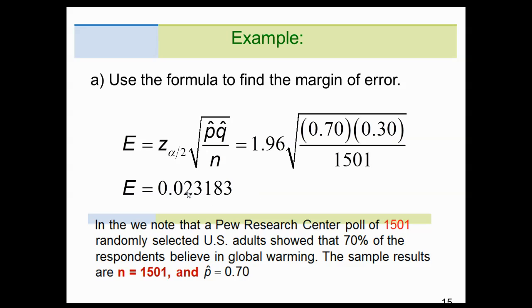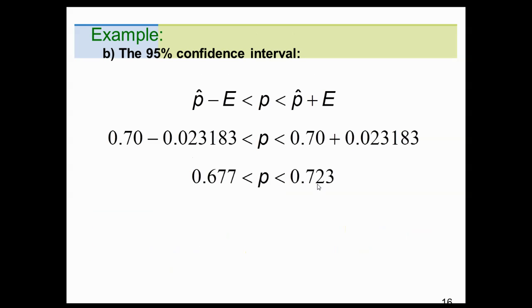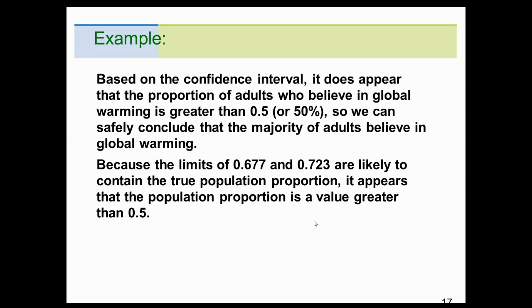He's got it correct to a bunch of places, 2, 4, 6 places. So what he's going to do now is take this p hat, subtract the error, take p hat, and add the error, and come up with a confidence interval between 0.677 and 0.723.